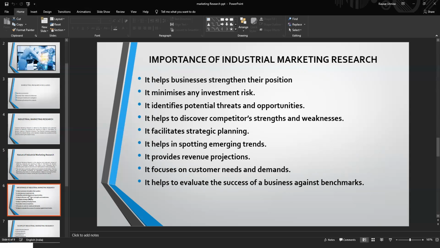Let us see some of the points we have highlighted. What is the use of industrial marketing? Industrial marketing is helpful in strengthening the position of the business.